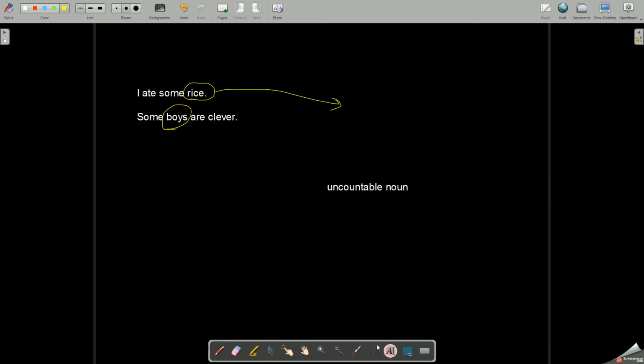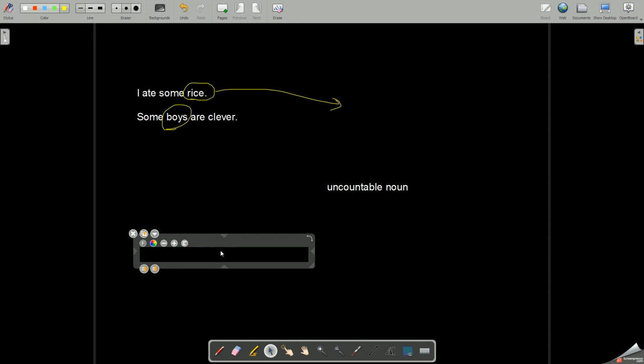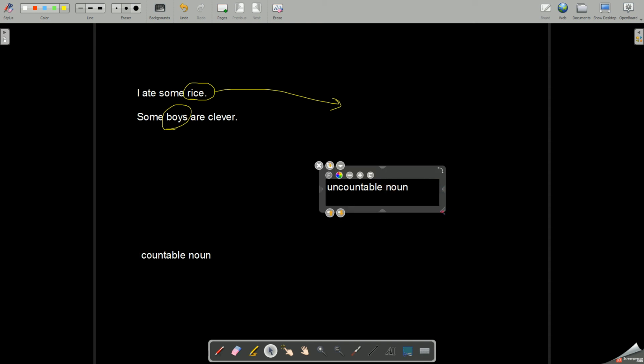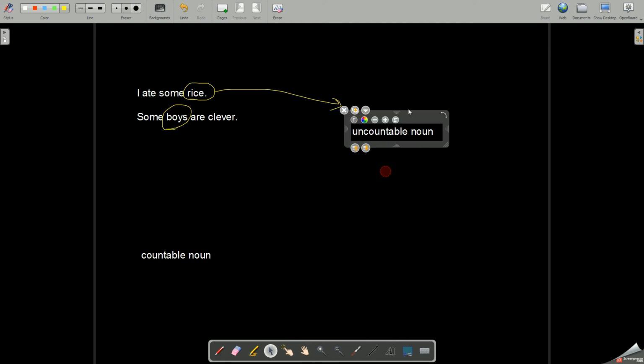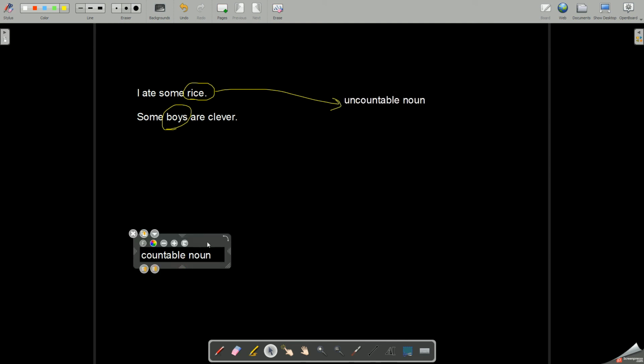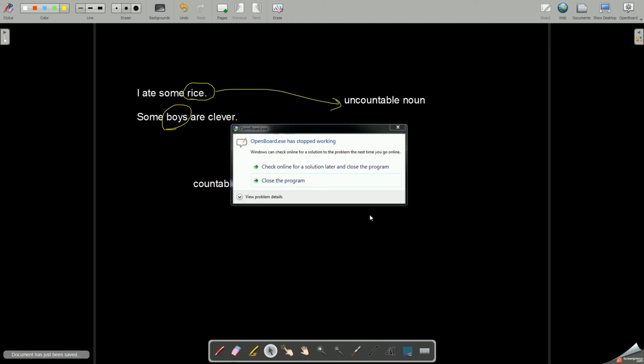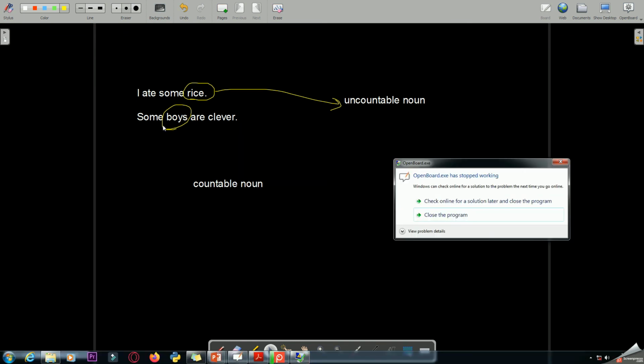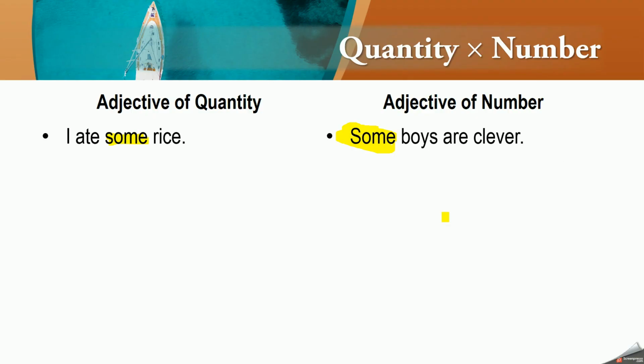Whereas in the second one, it is a countable noun. Countable and uncountable nouns are parts of your common nouns. So some boys are clever, this is a countable noun.